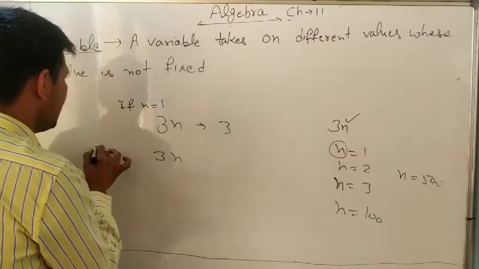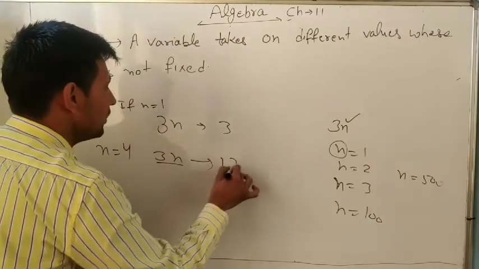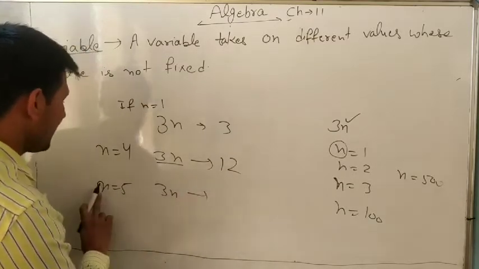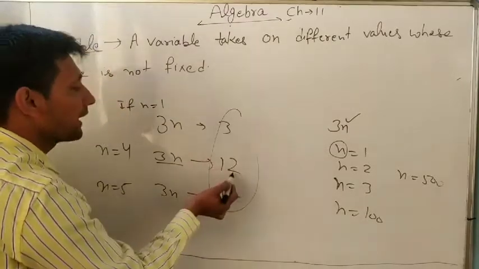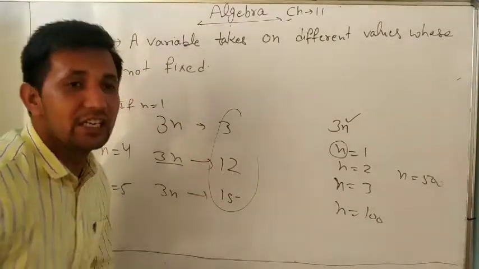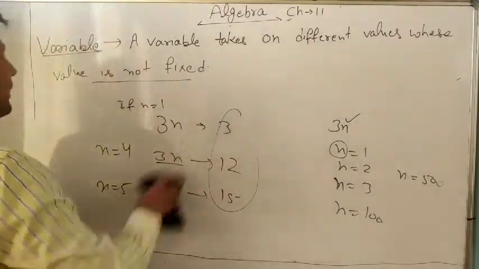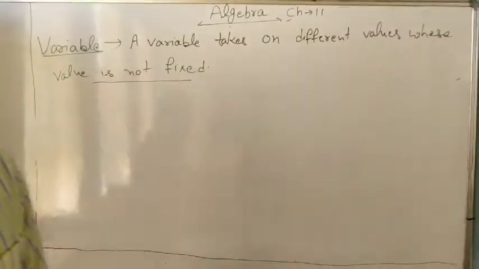And 3N, if N equal to 4, how much is its value? 3 into 4, 12. If N is 5, 3 into 5, 15. So sometimes it comes 3, another time 12, another time 15. Its value is not fixed. So changeable or not? So it is called a variable. So you can write variable. Understand? You can write.